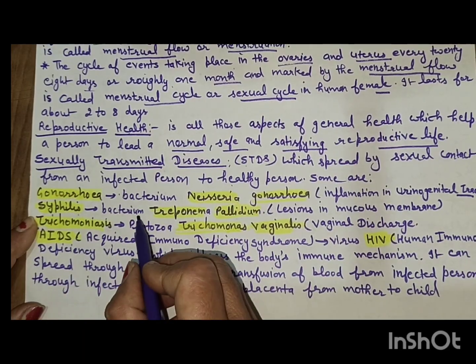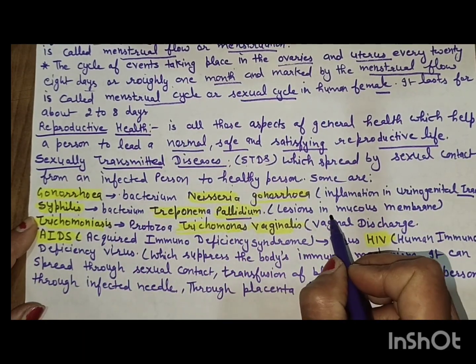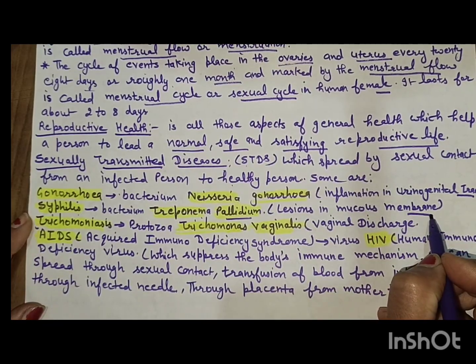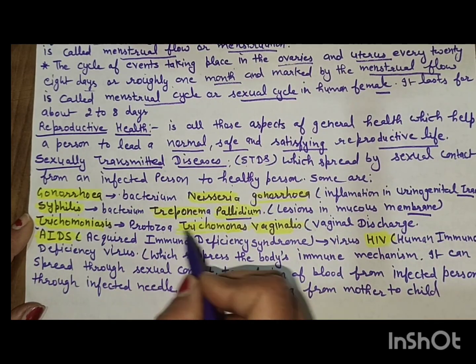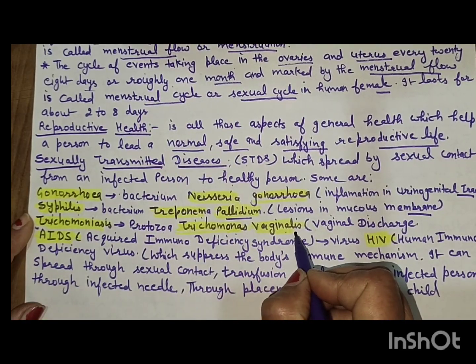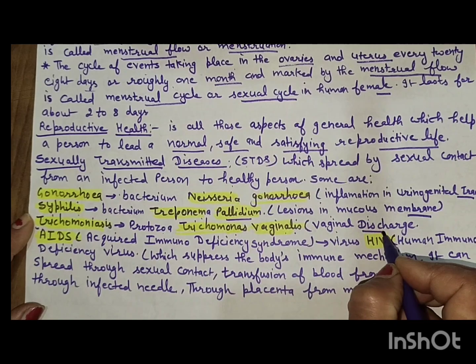Syphilis is caused by the bacterium Treponema pallidum, causing lesions in the mucous membrane. Trichomoniasis is spread by the protozoa Trichomonas vaginalis and causes vaginal discharge.